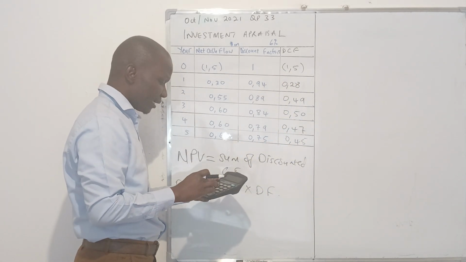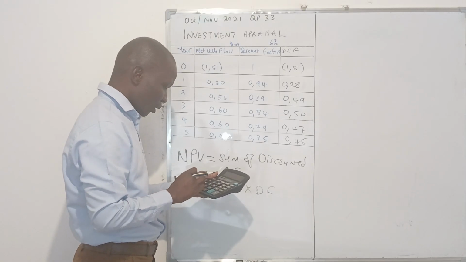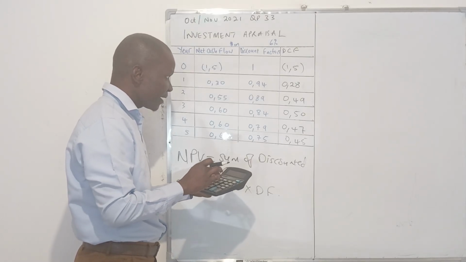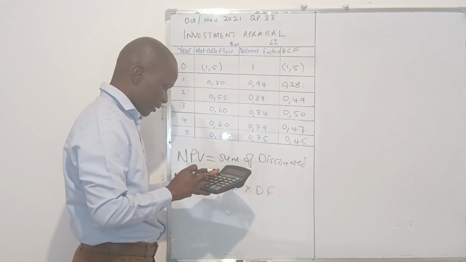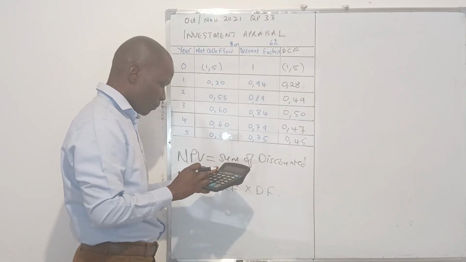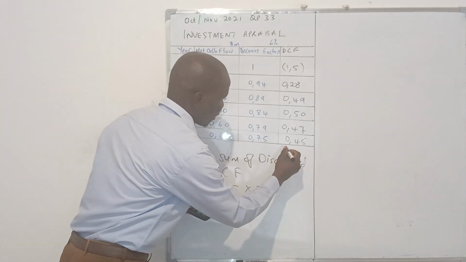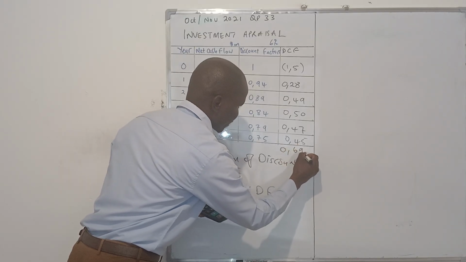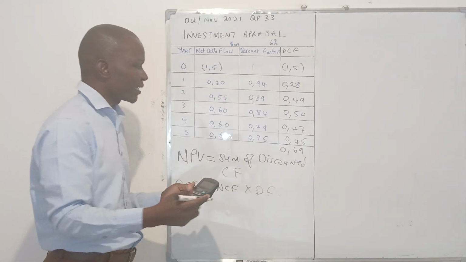So I'm going to say minus 1.5 plus 0.28 plus 0.49 plus 0.50 plus 0.47 plus 0.45. This gives us 0.69. I hope you are calculating there. You can agree with me that you have gotten 0.69.